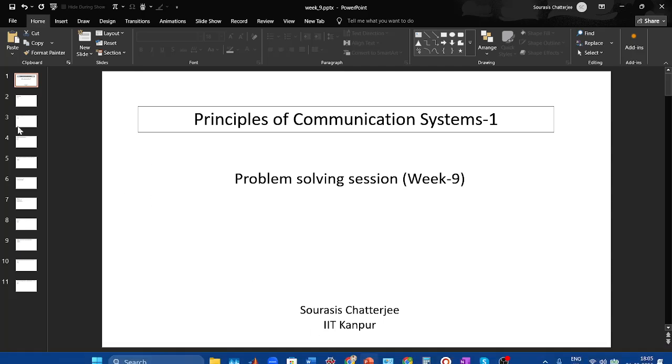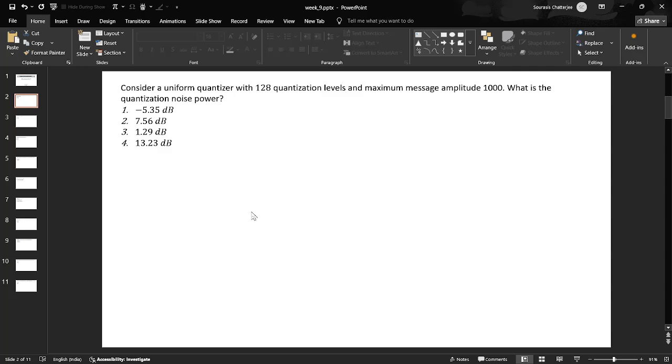So let us see what we have. Here we are given a uniform quantizer with 128 quantization levels and maximum message amplitude is given as 1000. So basically it is asked what is the quantization noise power.